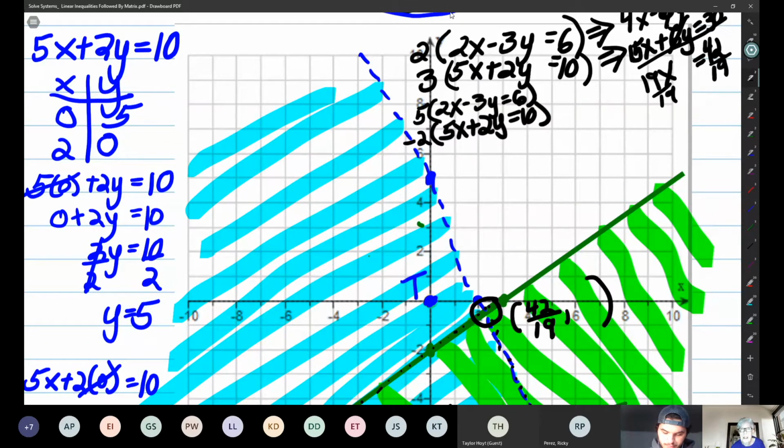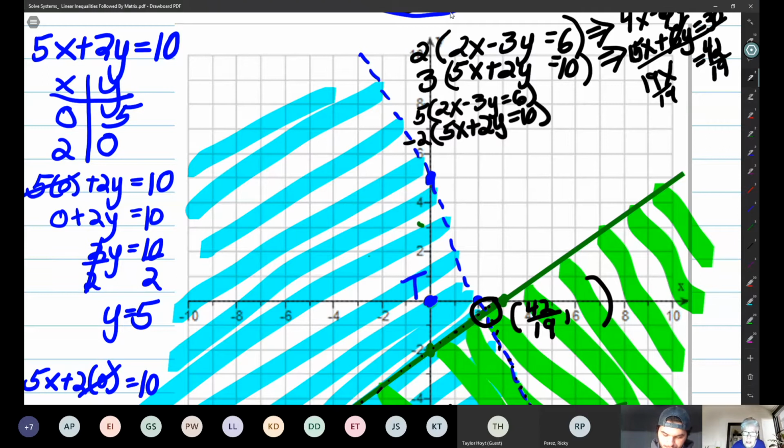Now here's the reason. If I multiply 5 times 2x, I'll get 10x. If I multiply -2 times 5x, I'll get -10x. When I add those together, I will get 0, and that's what I need. These other numbers are just along for the ride.